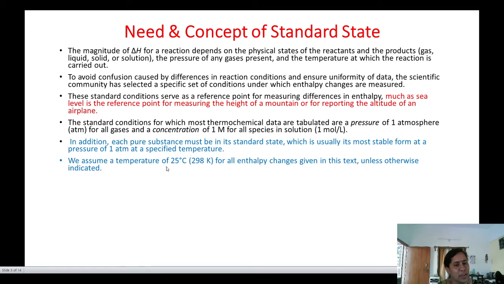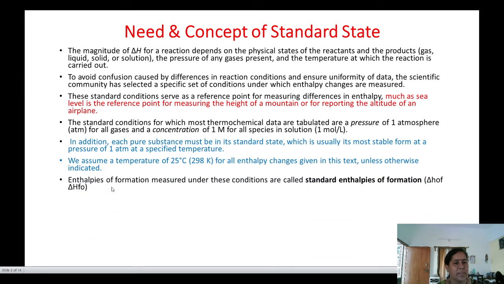We assume the temperature is normal room temperature, that is 25 degrees Celsius, that is 25 plus 273 equals 298 K, for all enthalpy changes given in the text, unless otherwise indicated. Enthalpies of formation measured under these conditions are called standard enthalpies of formation.